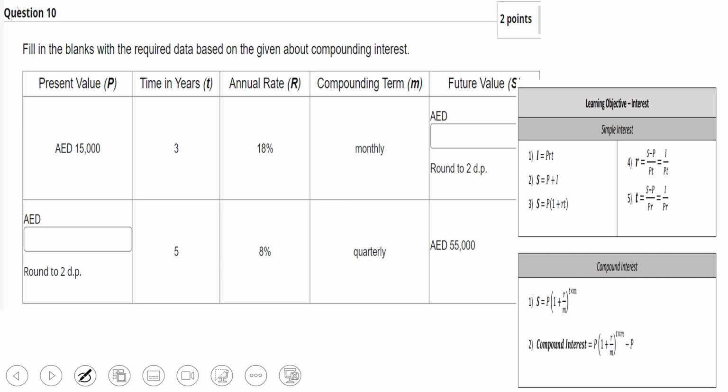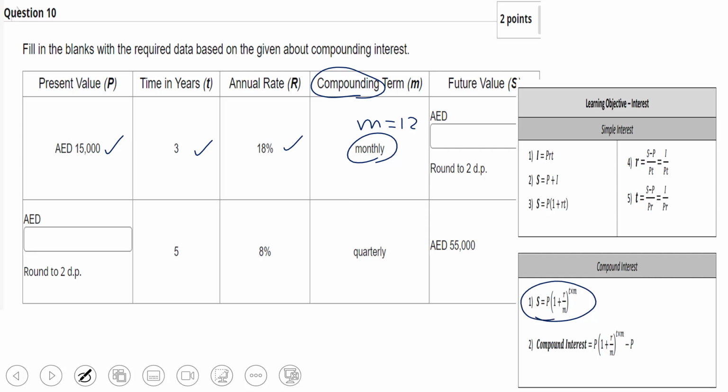Now, I'll leave this one for you because he just plugs in the numbers. He gives you P here, T in here, and the rate monthly. So M here is equal to what? 12. He's looking for the future value, so it's compounding.